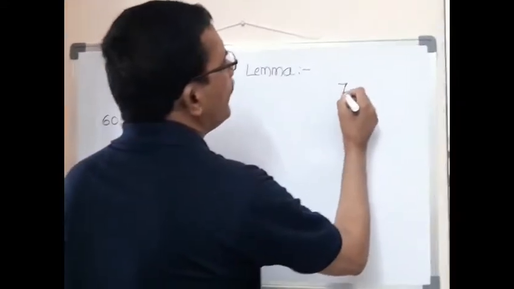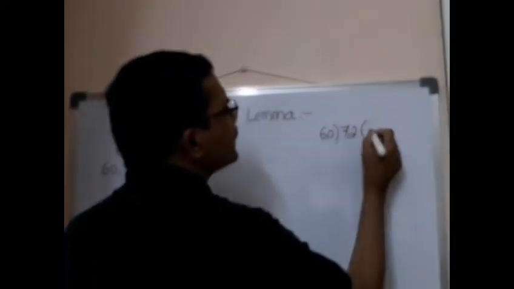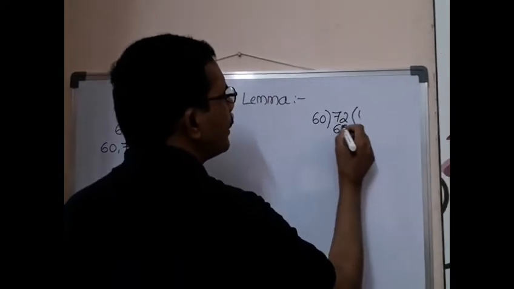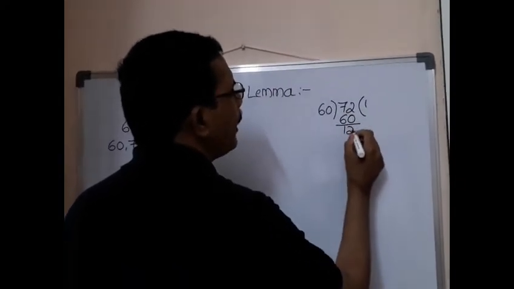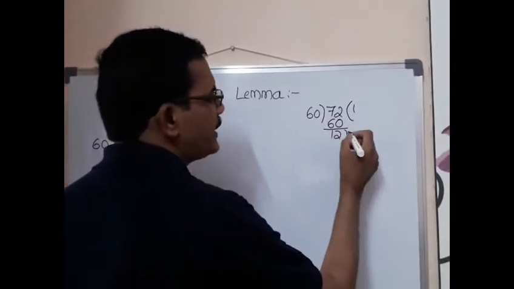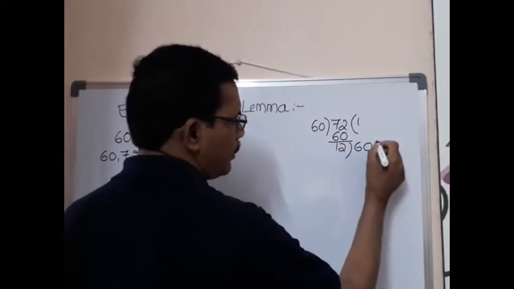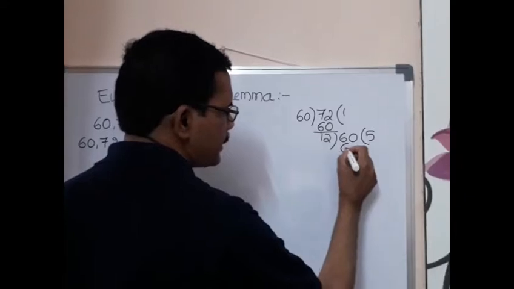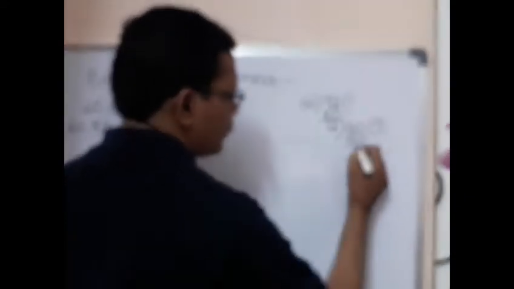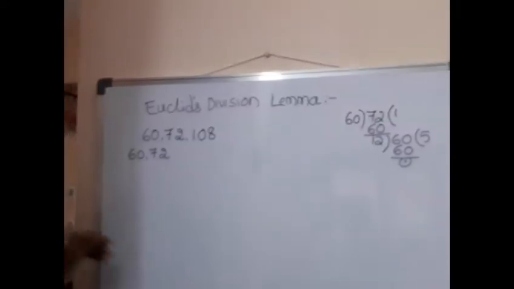I am dividing 72 by 60: 60 1s are 60, remainder is 12. Dividing 60 by this remainder 12: 12 5s are 60, so remainder is 0.